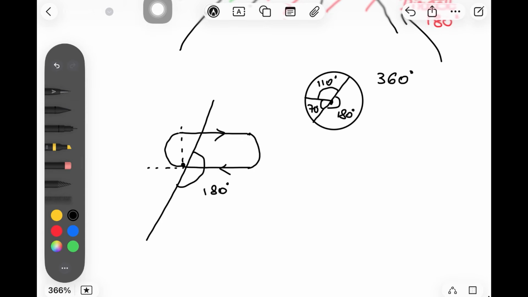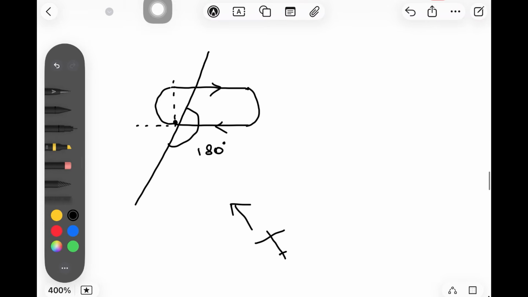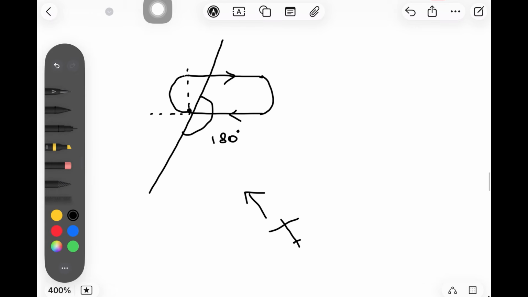Okay, so let's just remove this. Okay, so let's assume my aircraft is coming over here from here. This is our teeny tiny aircraft. Let me just zoom in for you. And we're coming from here and heading towards the station. Now, 180 degrees coverage is like a semicircle. This, my hand, is 180 degree flat.